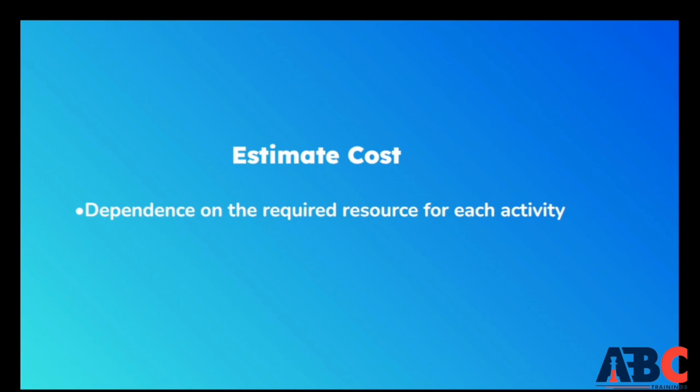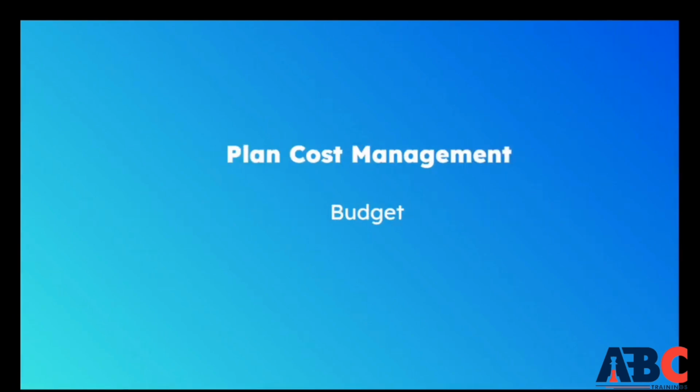It could be humans, labor, machinery, all the resources. You multiply it, and the final cost that comes, we will call it budget. So we found the budget in that way, which we can call plan cost management. This cost is taken forward and our project budget is defined.